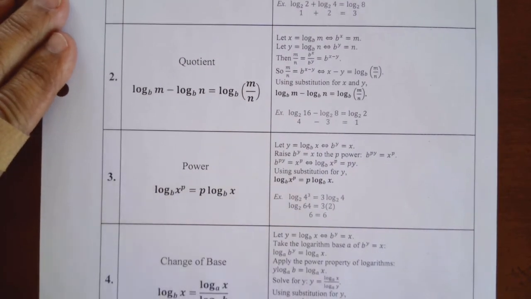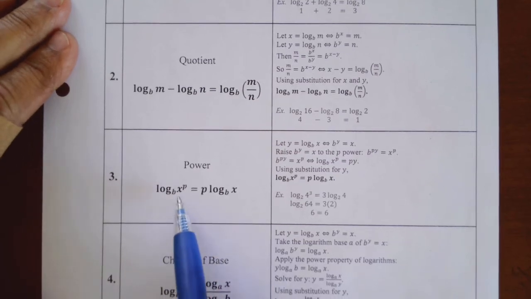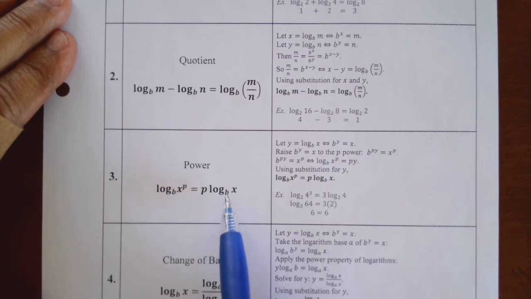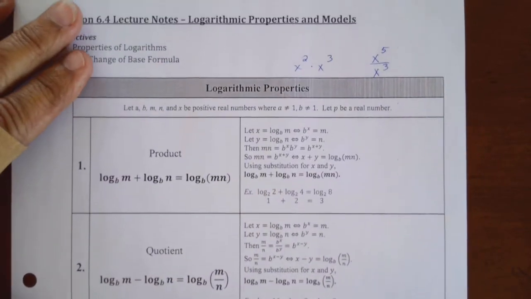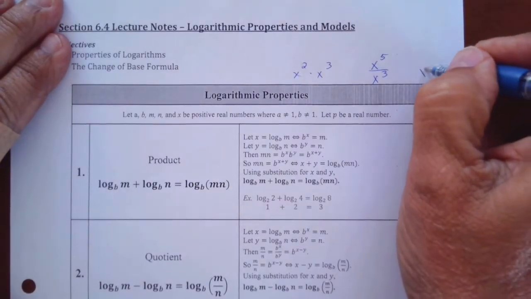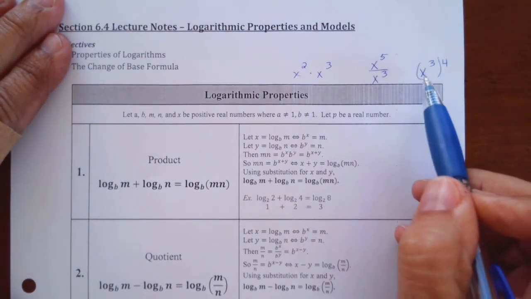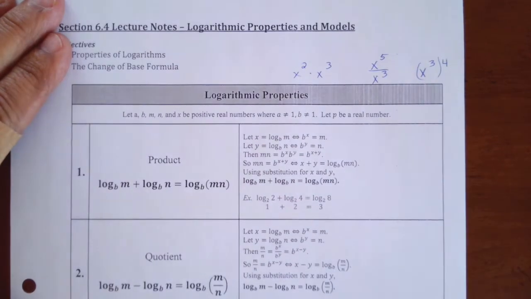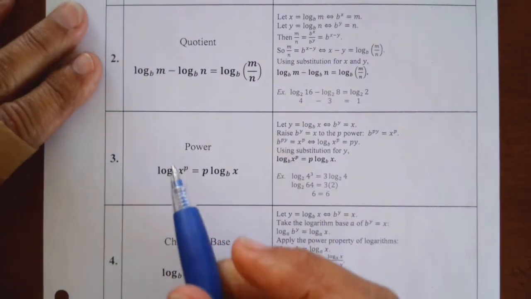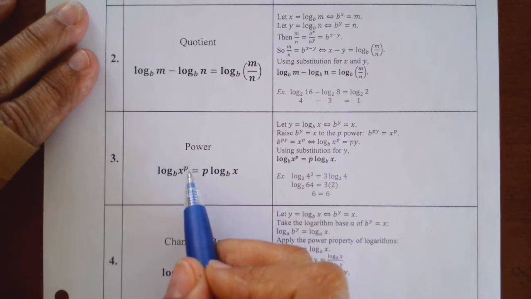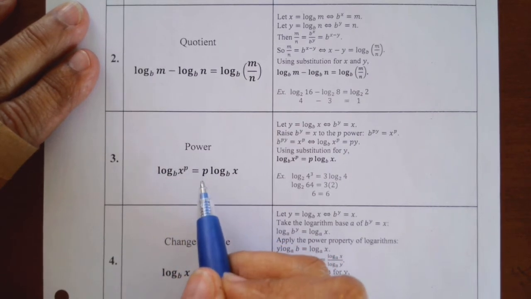All right, the last rule is the power rule. When you're raising a log to another power, you're going to multiply that power times the log. Again, that goes back to our property when you raised a power to another power, that you multiply those together. When you have one power, the log is its own exponent, raised to another power, you multiply them together.